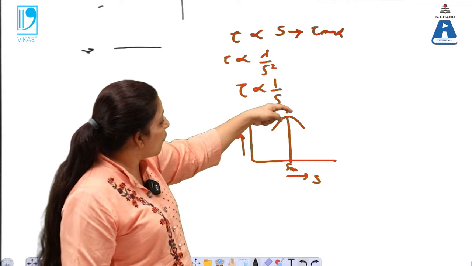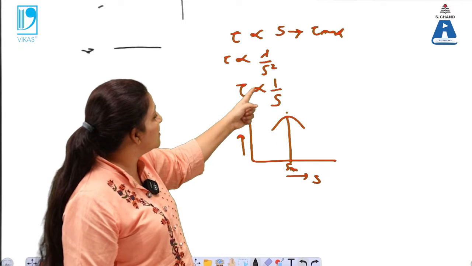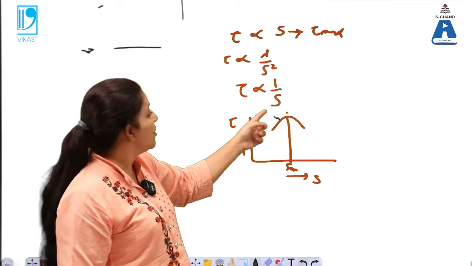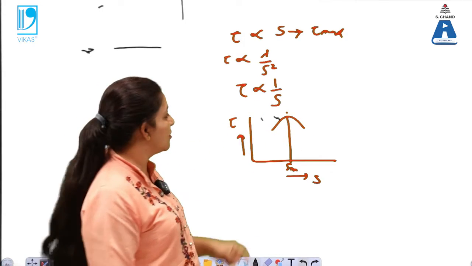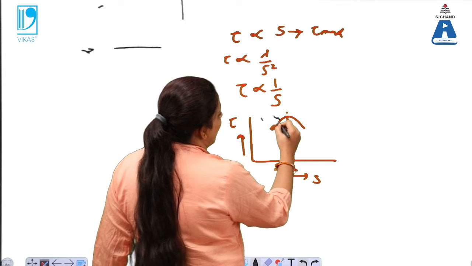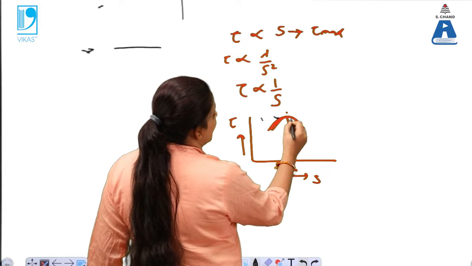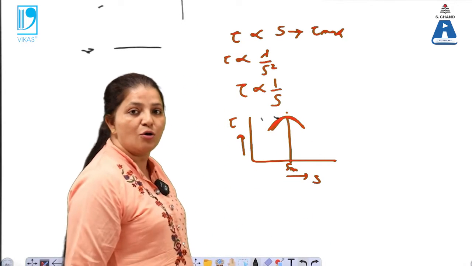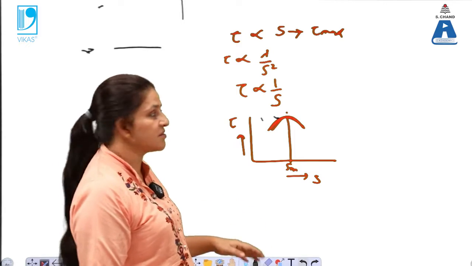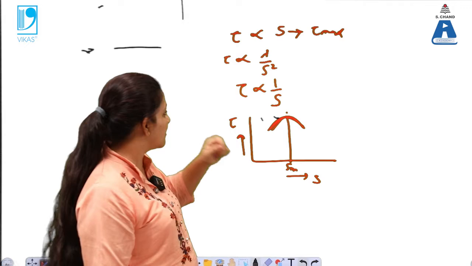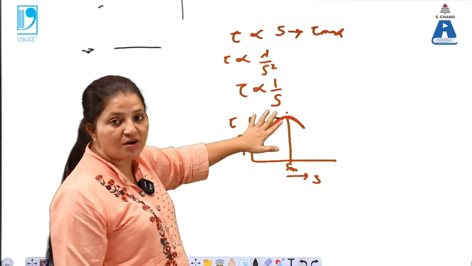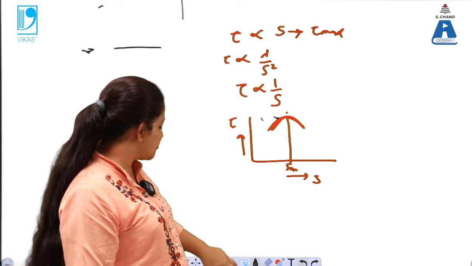Beyond this value it decreases by the relation 1 by S. As you go on increasing S, the torque goes on decreasing. This kind of variation is called the medium slip characteristics, and it is important for the working of the induction motor.